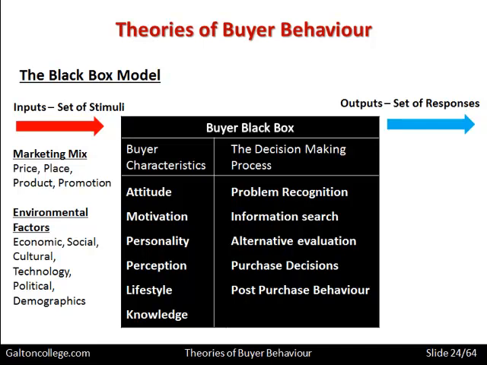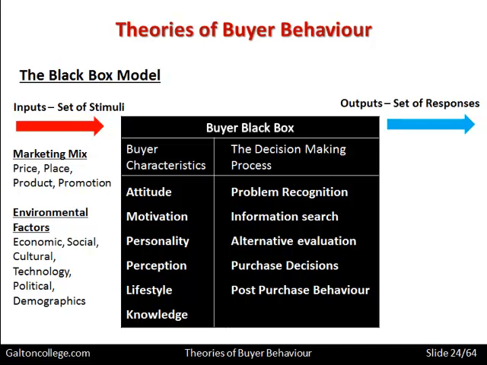In terms of what goes in, the inputs, well, we have the marketing mix, we have variations in price, the product, the promotion, and so on. Companies alter these, so these are input stimuli going in. We have environmental factors, the economic, the social, the cultural, the technological, political, demographics. We have all of these influences going in. So these are all the sets of stimuli going in. The buyer characteristics are going to pick up on these.